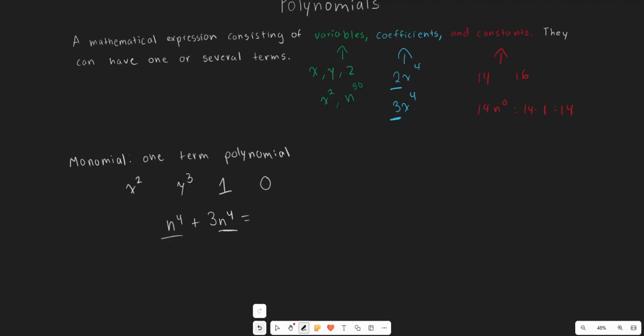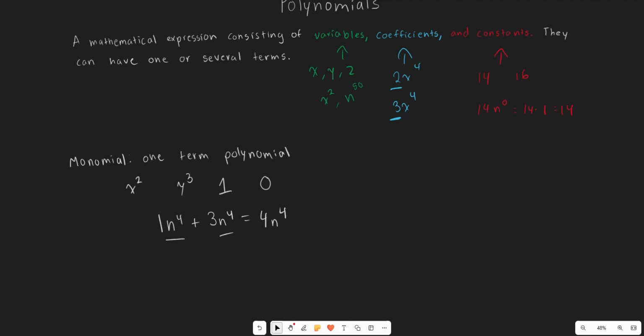So these are the same variable and raised to the same power. So that's why we can add them. Let's say n to the fourth is our bananas. So we have one banana here, and then we have 3 bananas here. So that means in total we have 4 bananas, or in other words, 4n to the fourth.